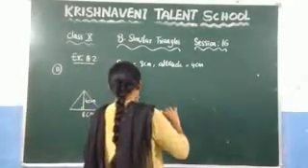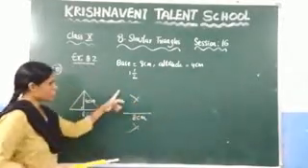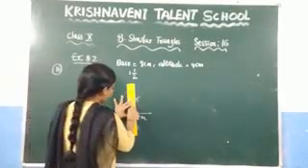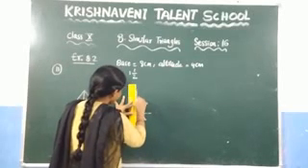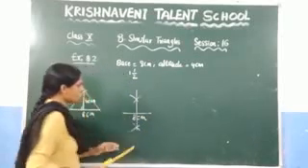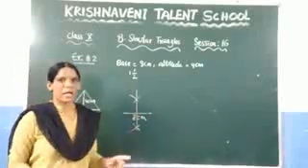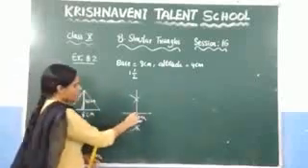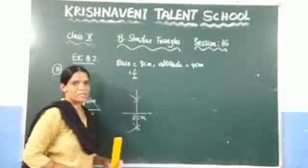Draw one more arc, so that you can join that one. If you join this one, this is the perpendicular bisector of the given line. Since we need the height as 4 centimeters, at this point take 4 centimeters radius and draw one arc, so that you get the height as 4 centimeters.